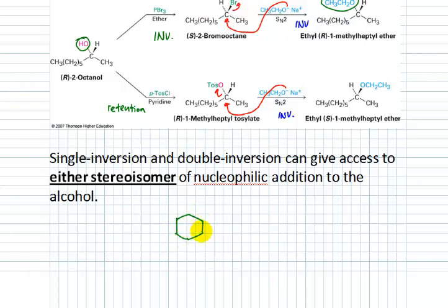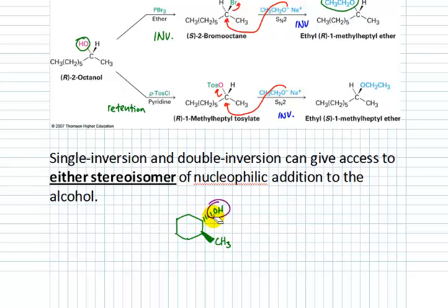Let's just practice on this compound. We have a cyclohexane, hydroxyl going back, methyl coming forward, just next to each other, just so we have a point of reference. If I want to replace that hydroxide with some sort of nucleophile, let's say cyanide, CN- is a great nucleophile, I have access to either retention or inversion of configuration there.